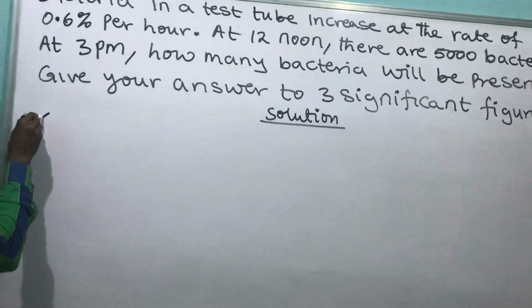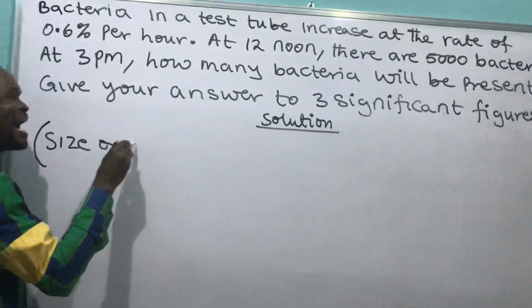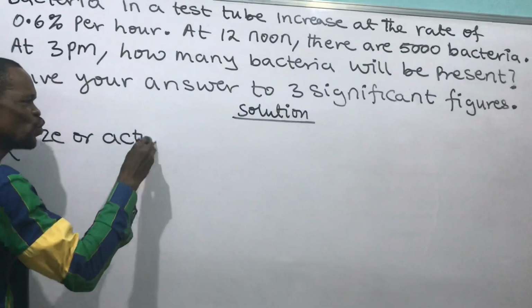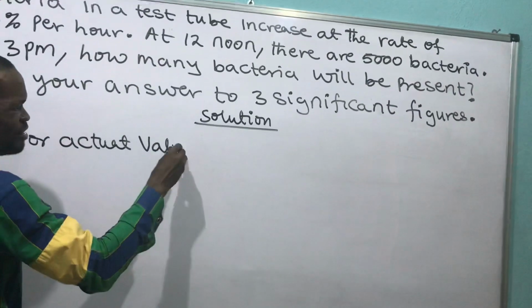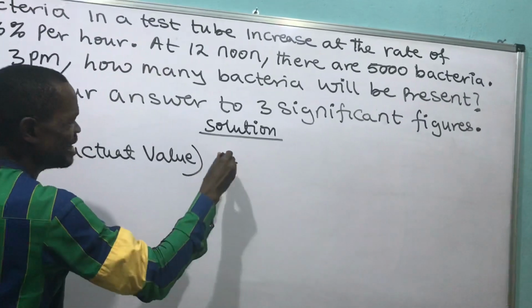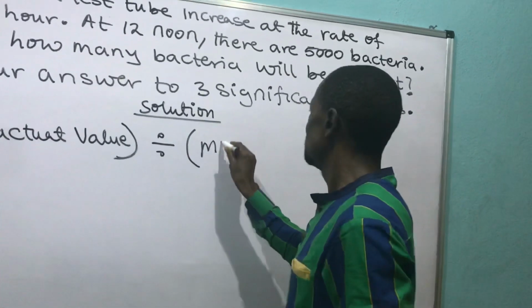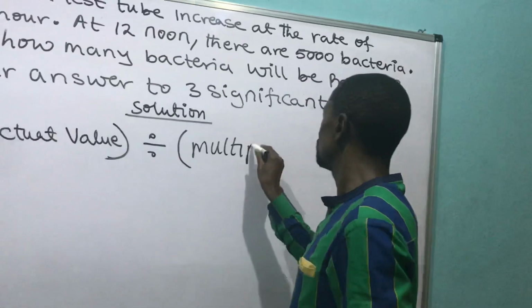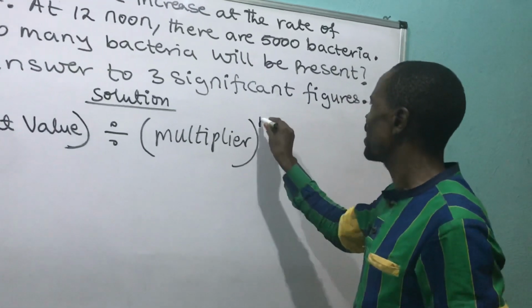Look at the formula. Size, or actual value, the actual value divided by my multiplier, raised to power n.